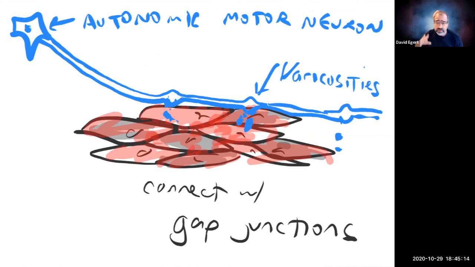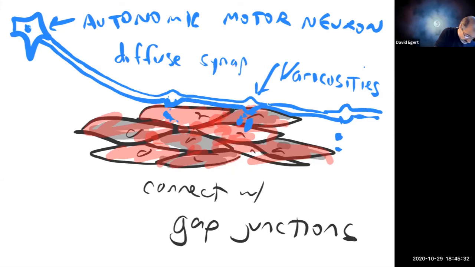So rather than one motor neuron talking to a specific cell with a very direct connection, it's more diffuse. They call these diffuse synapses, because you're basically puffing the neurotransmitter over the whole group of cells rather than having a specific neuromuscular junction.